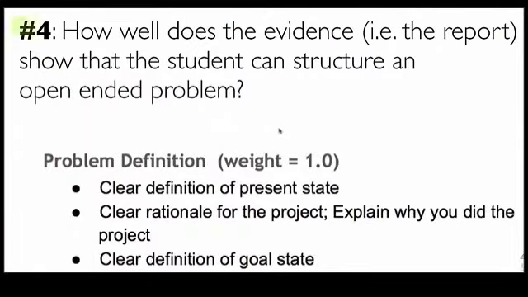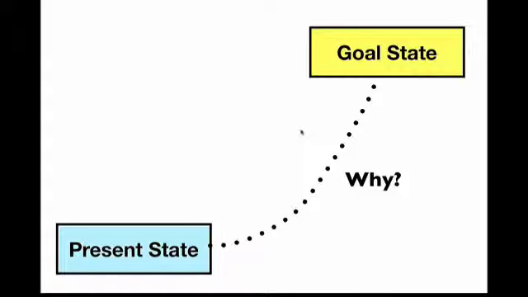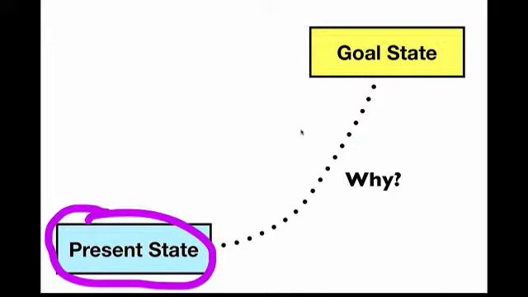The fourth dimension in the rubric, how well does the evidence show that the student can structure an open-ended problem? And you'll see some words here, but I like to look at this with a picture. On any project, a professional always gathers a great deal of information about the present state, so they really understand where things are.